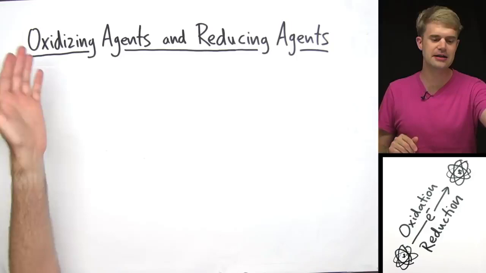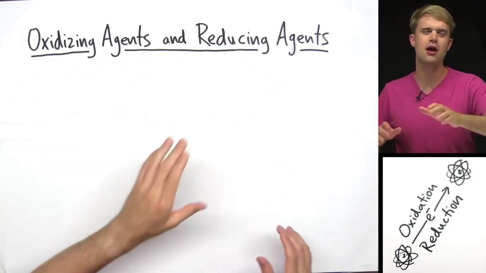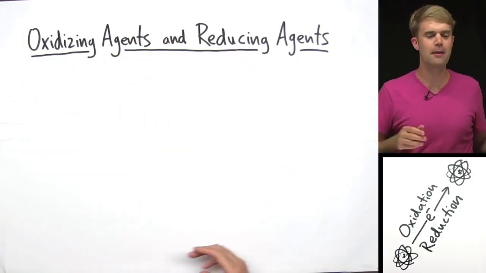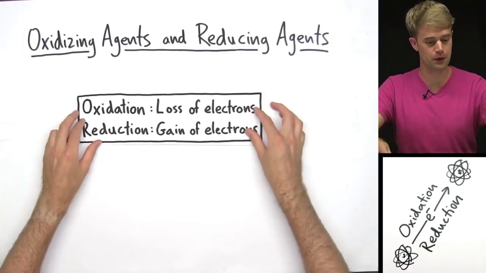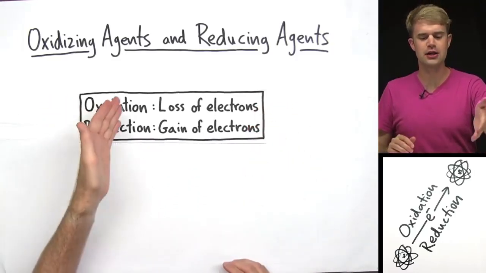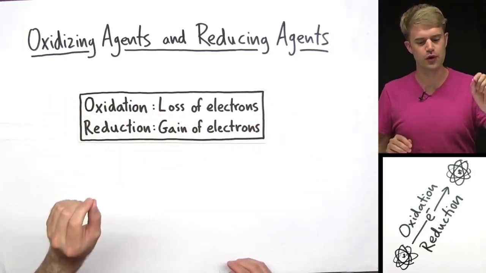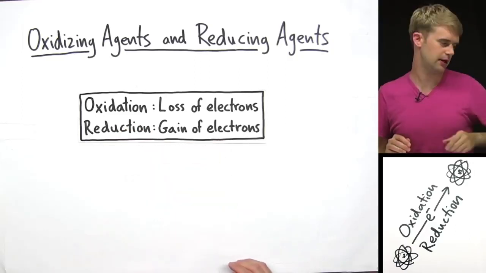So if we're talking about oxidizing agents and reducing agents, let's just refresh our memory about what oxidizing and reducing are, okay? So oxidation is a loss of electrons, and reduction is a gain of electrons.